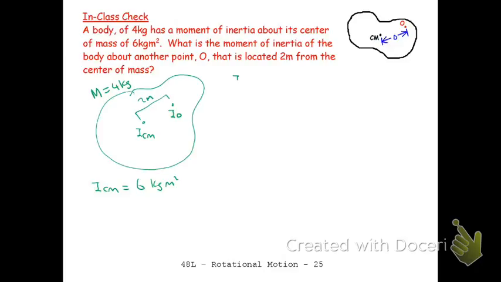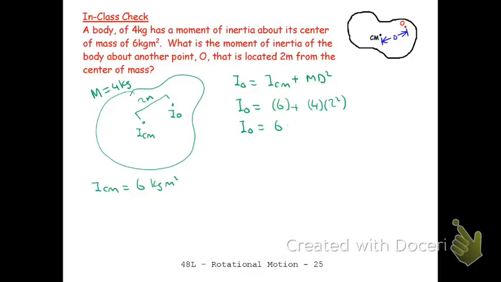And what I know is that I of interest is equal to I center of mass plus, it's going to be md squared. So I of interest is equal to 6 plus, it's going to be 4 times 2 squared.